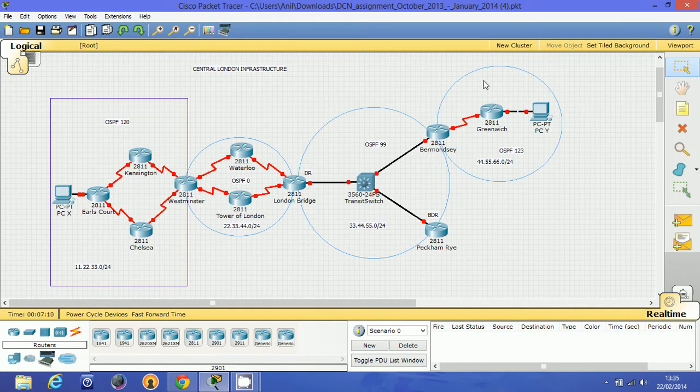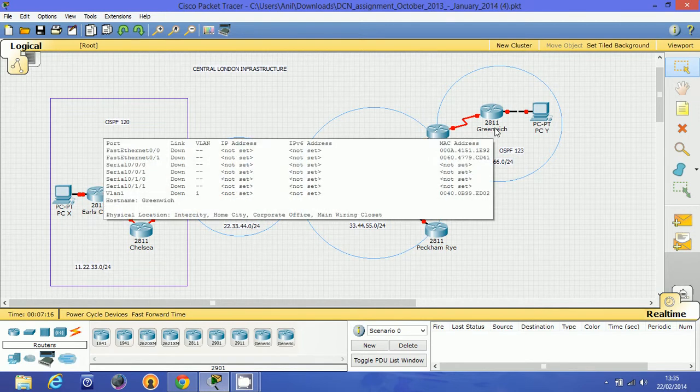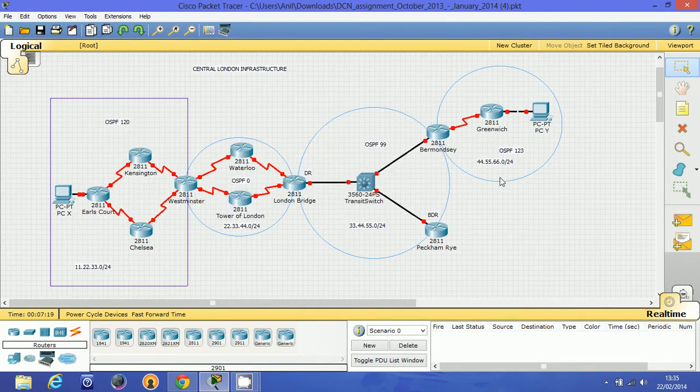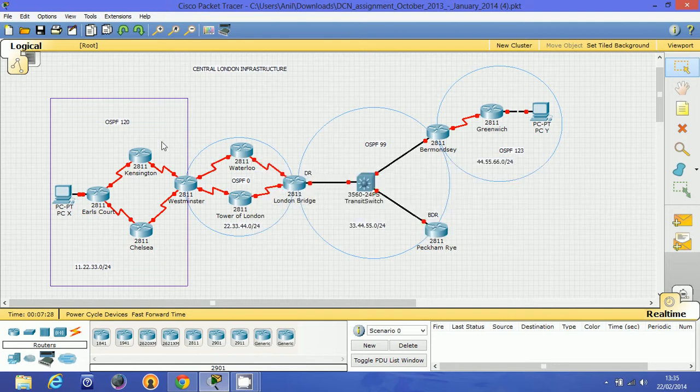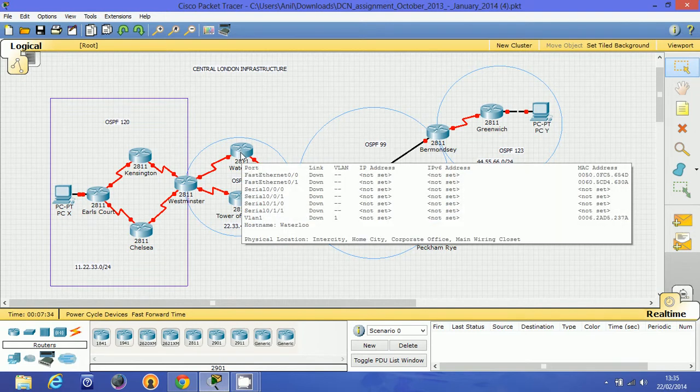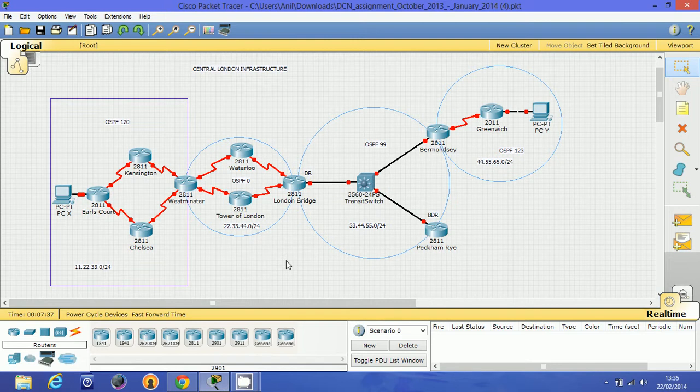So the autonomous system is divided into areas. What happens if the autonomous system is divided into areas? Suppose in this case, this router collects the information of its neighbor devices, and it advertises only to those devices which are within the area of the advertising router.